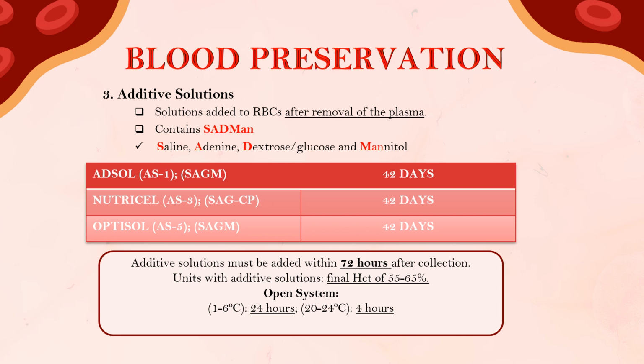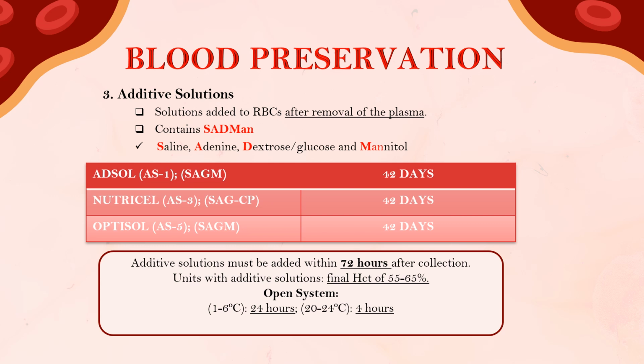Always remember when we talk about additive solutions that we are referring to SADMAN: saline, adenine, dextrose or your glucose, and mannitol. These components will readily provide protection against storage-related hemolysis.